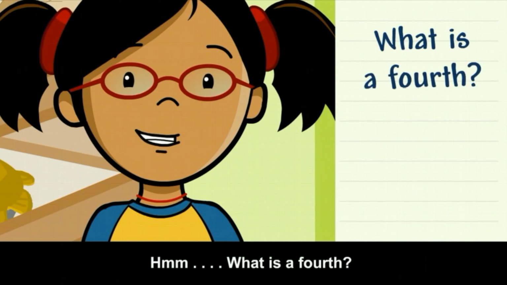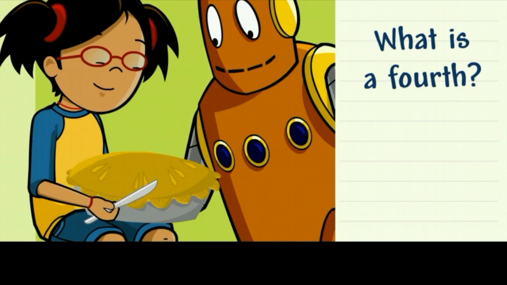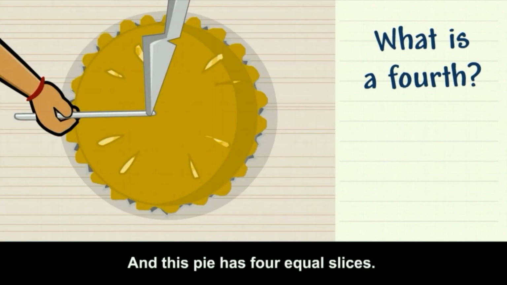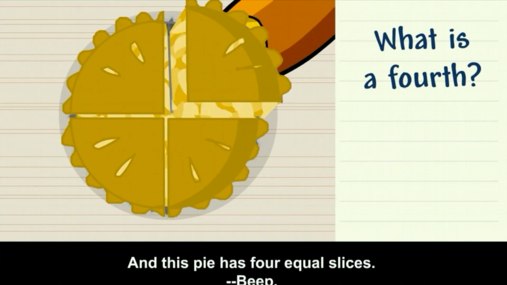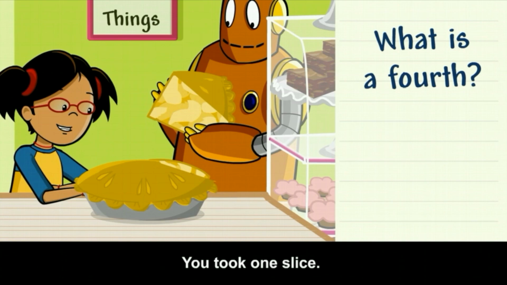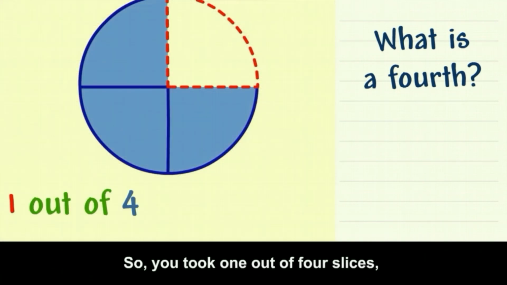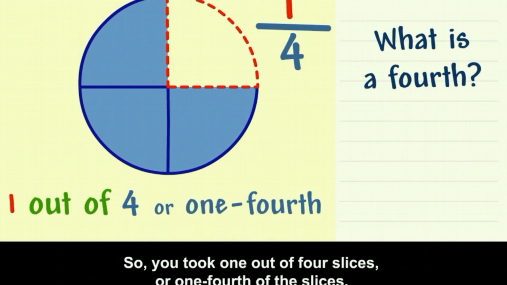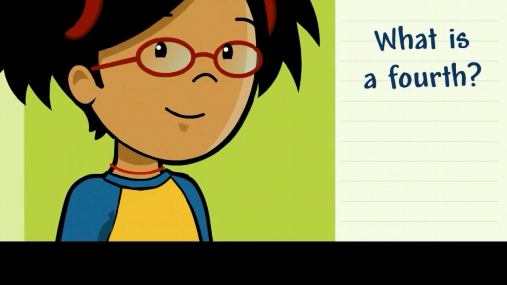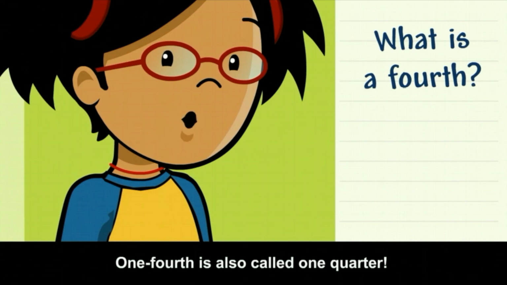What is a fourth? I love apple pie, and this pie has 4 equal slices. You took 1 slice. So you took 1 out of 4 slices, or 1/4 of the slices. 1/4 is also called a quarter.